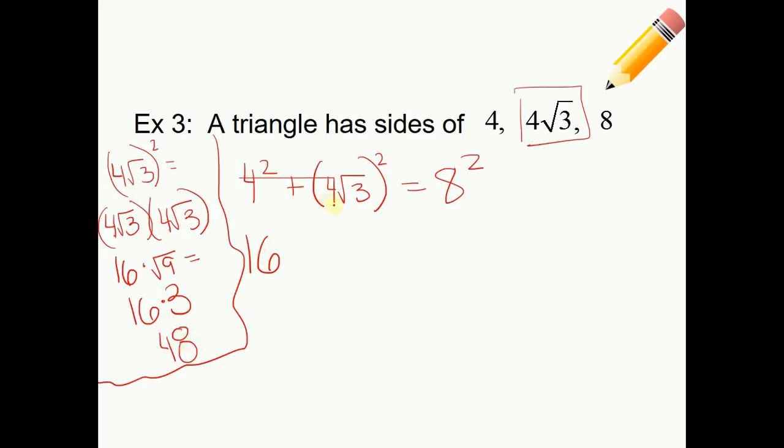So technically 4 square root of 3 squared is just 48. So basically all I did is I multiplied the two outsides, multiplied the two other ones, and then multiplied it all together. 8 squared, that is 64.